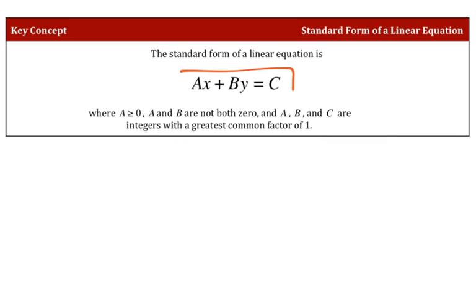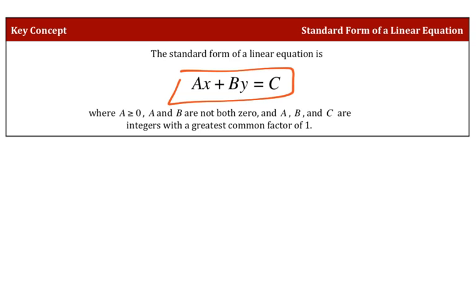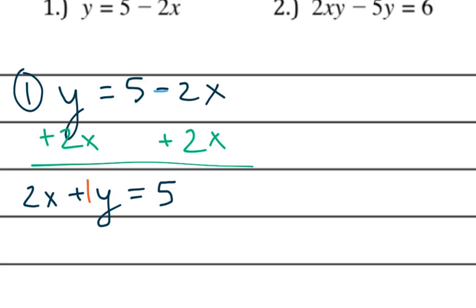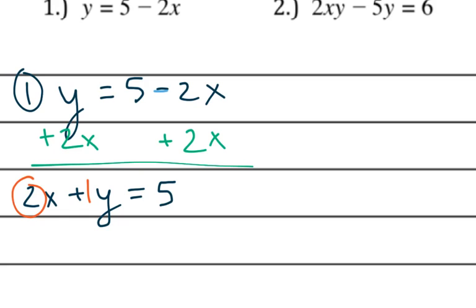Does it look like this? Absolutely. We have something times x plus something times y. It would be 1. We don't need to use that. Is equal to something on the right side. Well, the first requirement is that a has to be positive. A is positive. They both can't be 0. Well, neither 2 or 1 are 0, so we're good there.